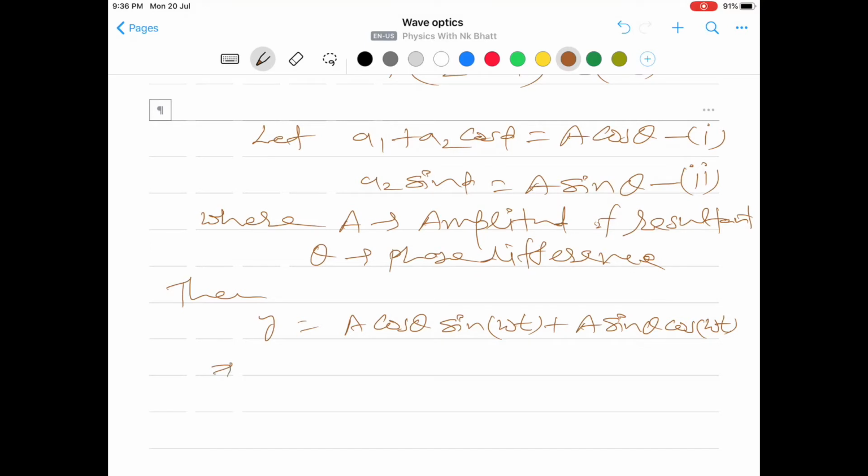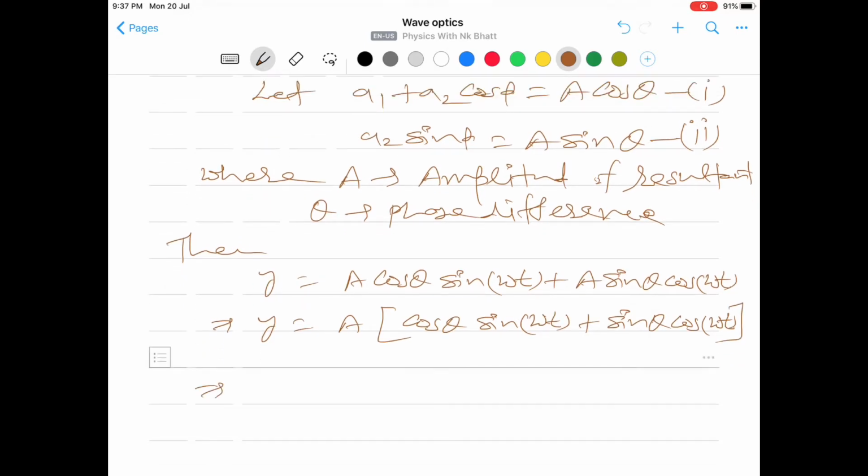If you see, a can be taken as common. We will write a common, cos theta sin omega t plus sin theta cos omega t.